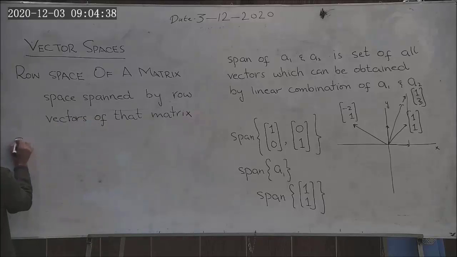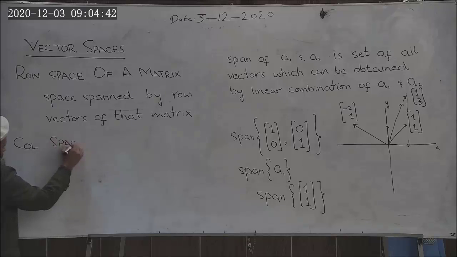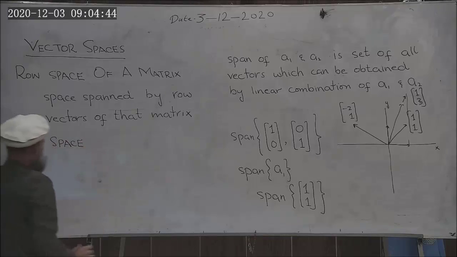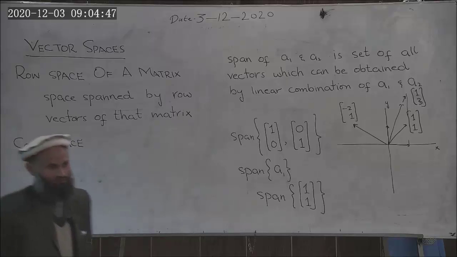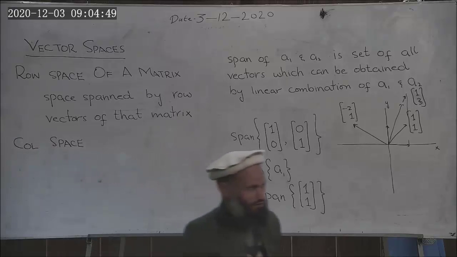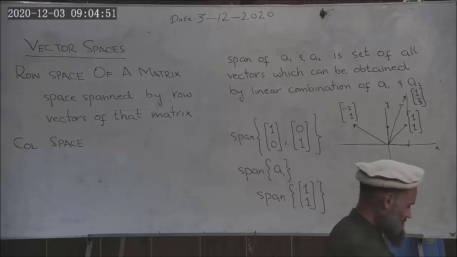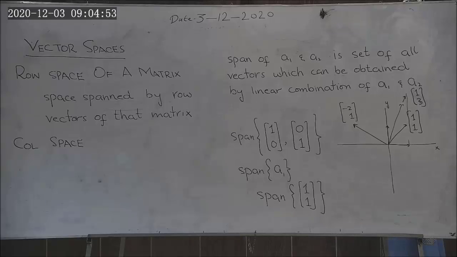Similarly, column space. What is column space? Column space is the space spanned by the column vectors.